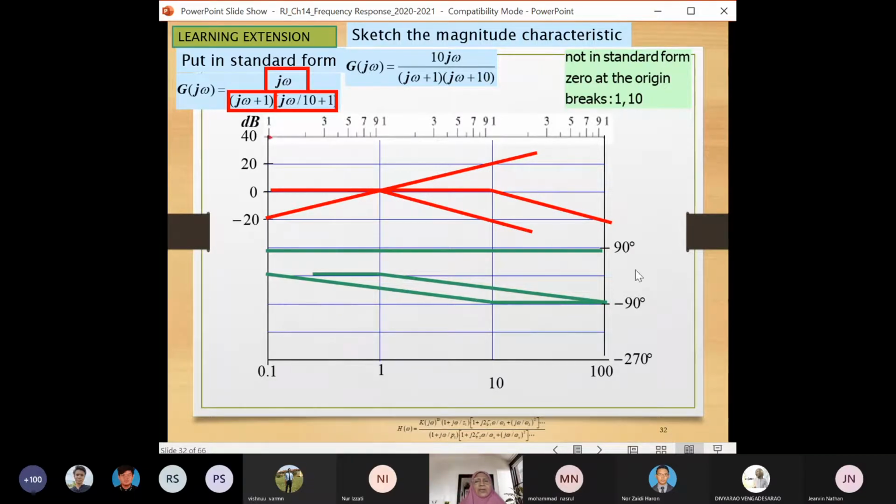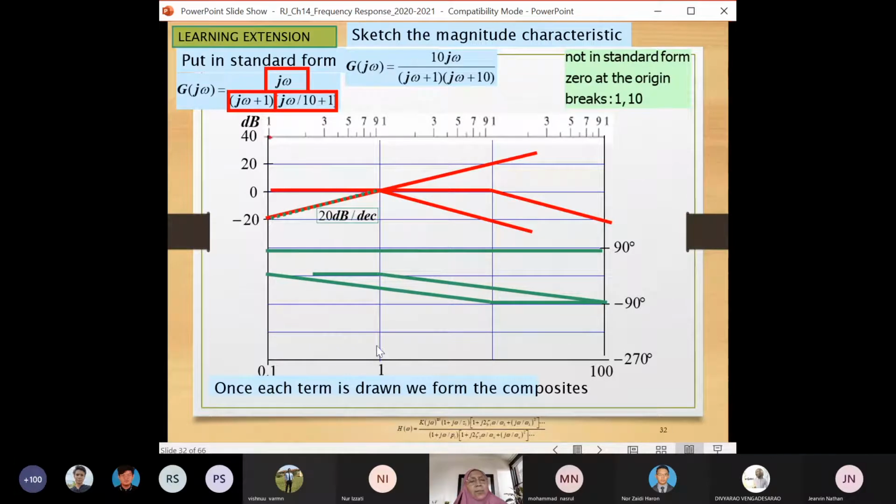Then you need to combine. There are 3 terms here: one term from the zeros, 2 terms from the poles. So when you combine them, you get the dotted green line. Here you have 0 plus the 20 dB, you obtain a 20 dB per decade line.